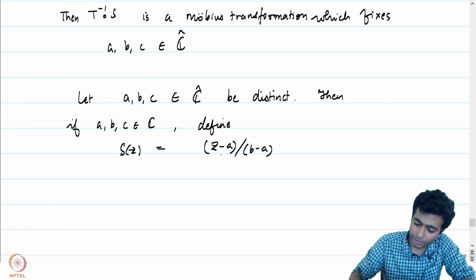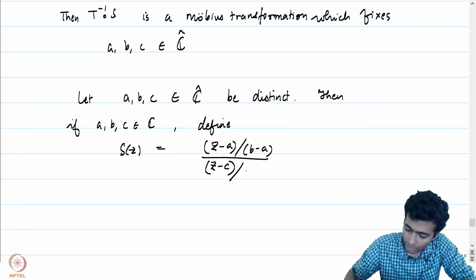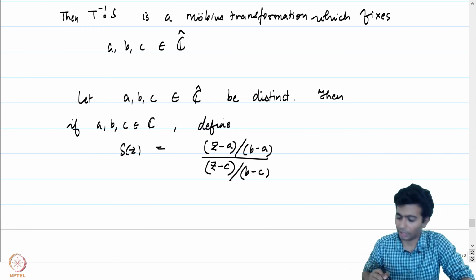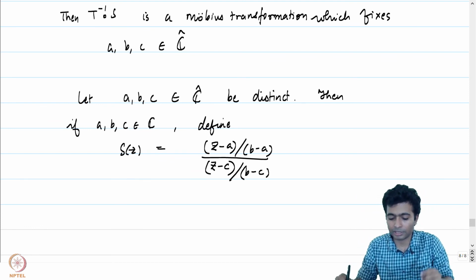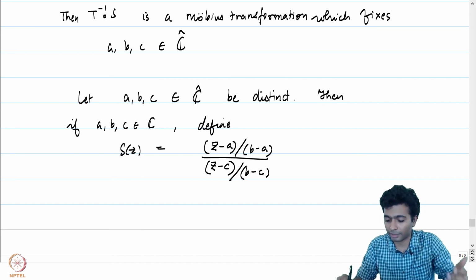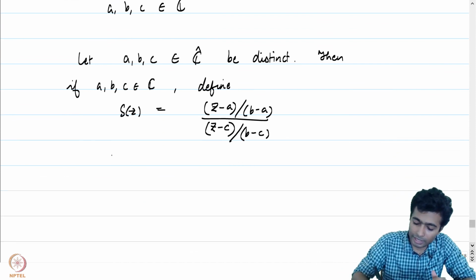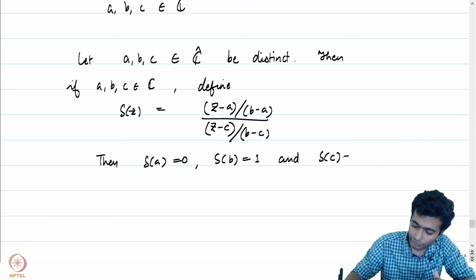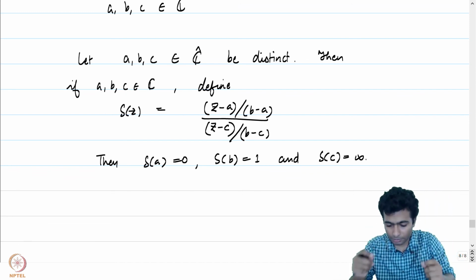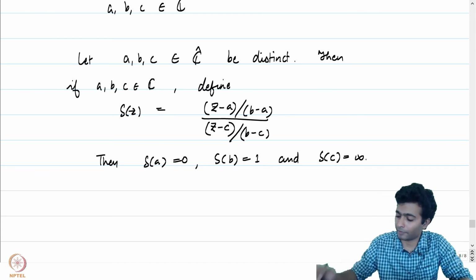Now this is going to send the point C to infinity, while maintaining the fact that B is sent to 1. So if you define S of Z to be this, notice that B minus A and B minus C are complex numbers. By multiplying by the appropriate complex number, you are going to get hold of a Mobius transformation here. Check that S of A is equal to 0, S of B is equal to 1 and S of C is equal to infinity. So we can explicitly get hold of a Mobius transformation which maps these 3 points to 0, 1 and infinity.